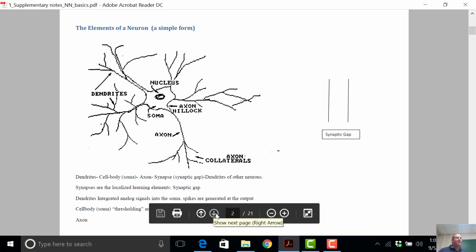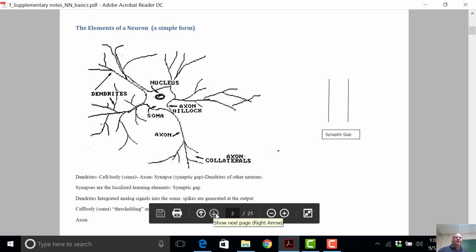This data will be integrated, in analog form, accumulated into the so-called soma, which is the cell body. So there's an integration of analog incoming signals. And then the soma, in addition to the integration, also performs some nonlinearity called thresholding, in a way.